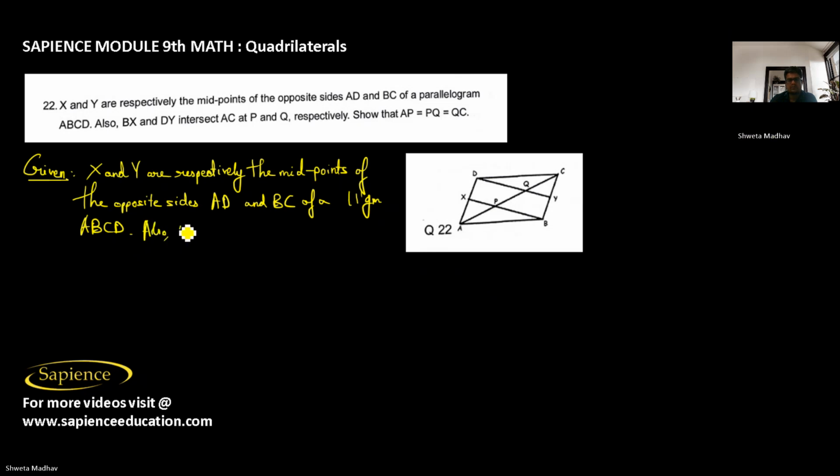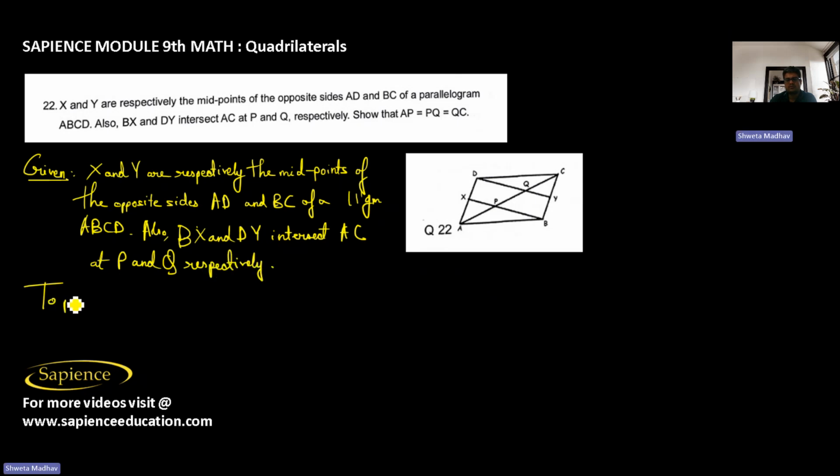Also, DX and BY intersect AC at P and Q respectively. We have to prove that AP equals PQ equals QC.